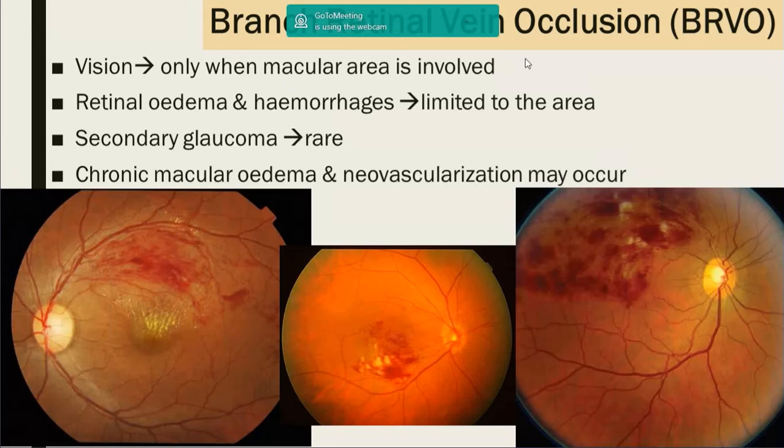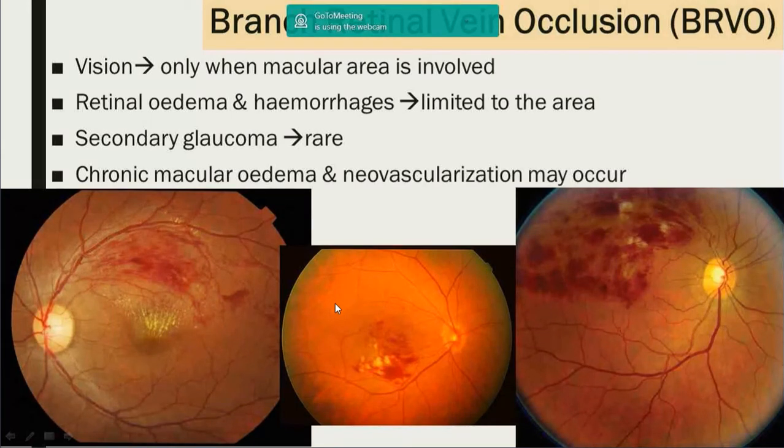Okay. So why are we calling it branch retinal vein occlusion? Understand that it's present only in one quadrant or one sector of the retina. So it's occluding only the branch and not the central retinal vein. That is the first thing. Second, the visual acuity is dependent on the macular area and not the periphery of the retina. So if the macular area is unaffected by the branch that is occluded, then the vision is good enough.